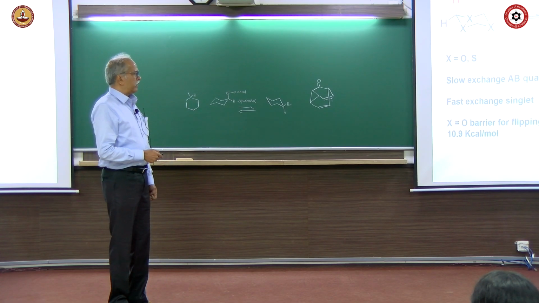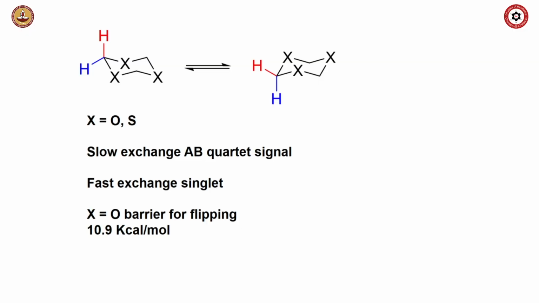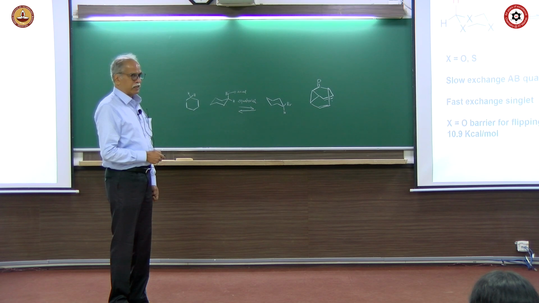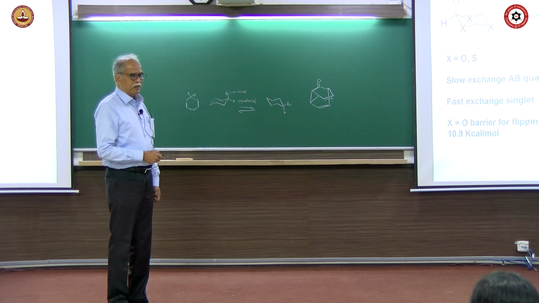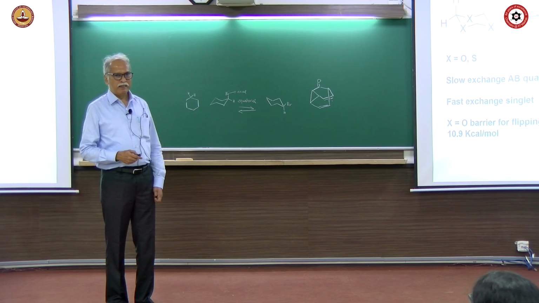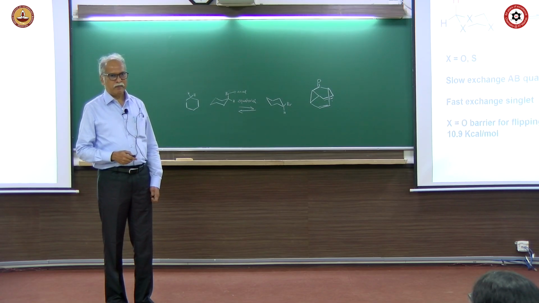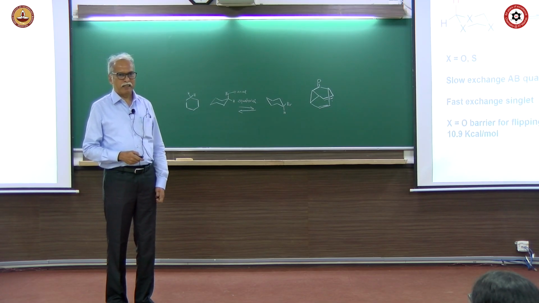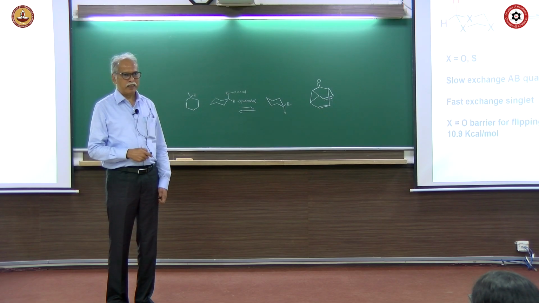Look at the chemical environment of the axial hydrogen and the equatorial hydrogen. They are entirely different. This is the axial position and this is the equatorial position, right? So they have to be diastereotopic in nature. They cannot be isochronous, meaning the same chemical shift will not be there, because the chemical environment is different.